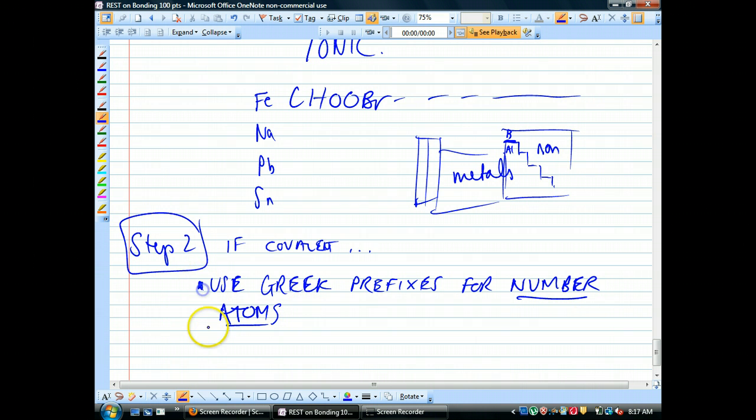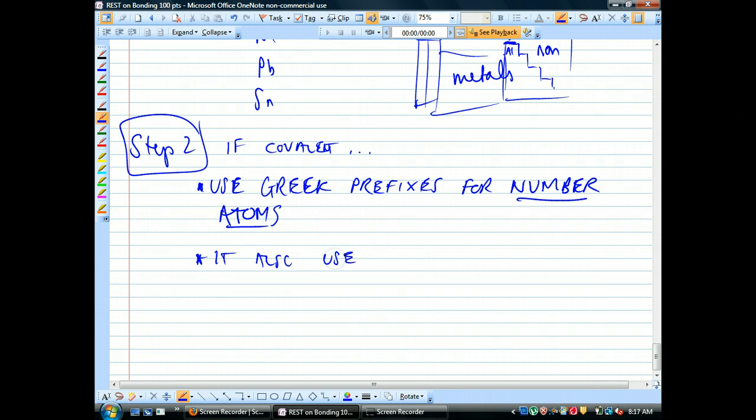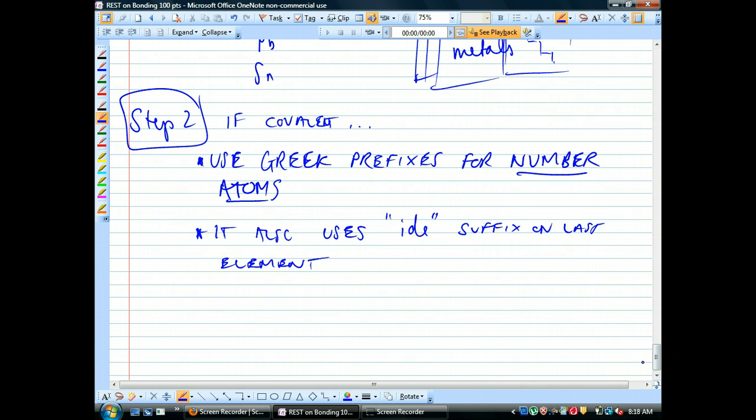And secondly, like ionic naming, it uses the IDE suffix on the last element.